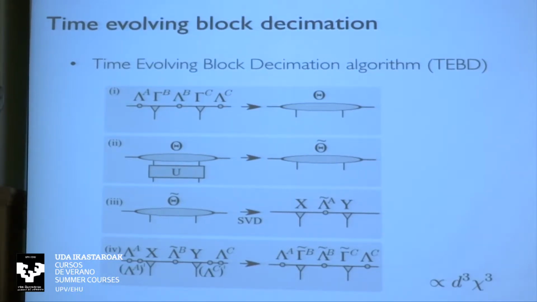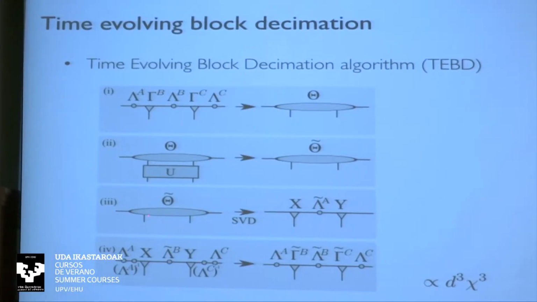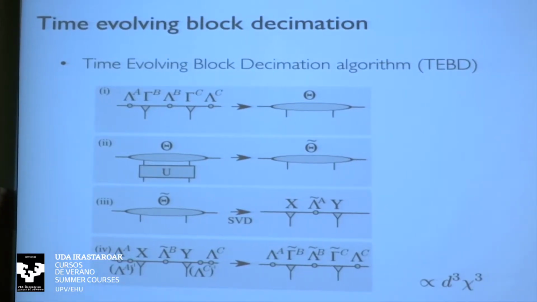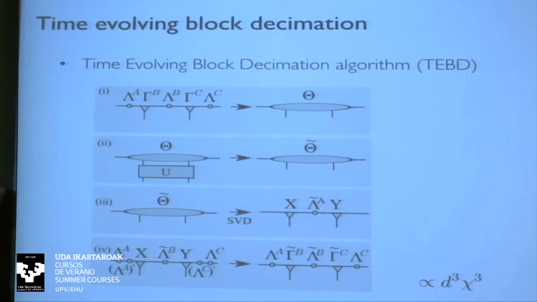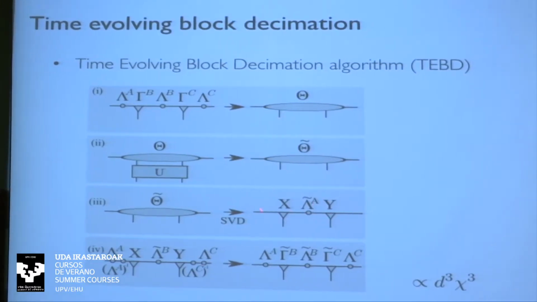But what we want to do now is go back from this form to the canonical form that we had before. And we are using exactly the same trick as before, where we perform a Schmidt decomposition, or a singular value decomposition, of this object. So we are performing a Schmidt decomposition at this middle bond, giving us the new Schmidt values, because these Schmidt values have likely changed by this unitary, and the new unitaries to the left and to the right.